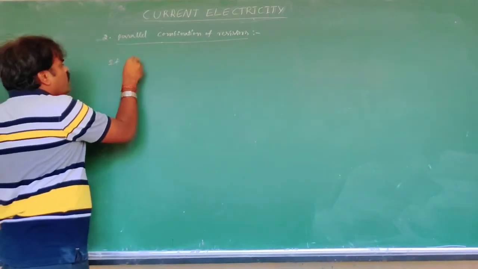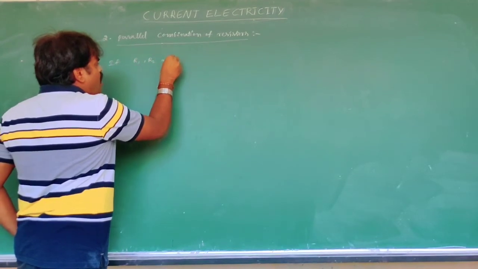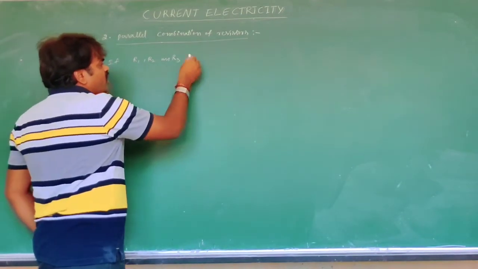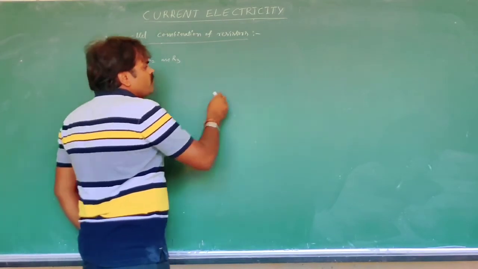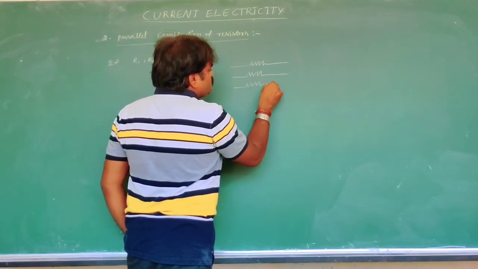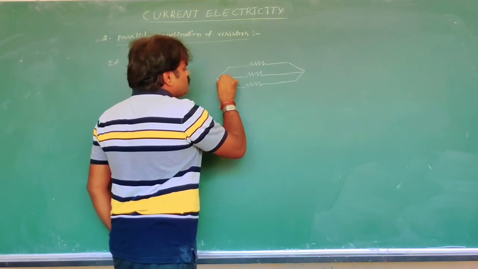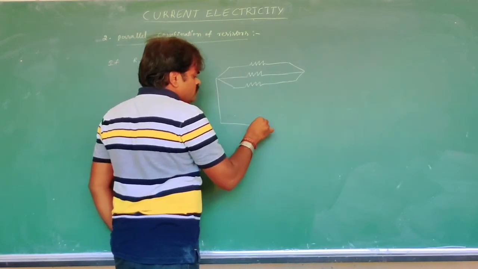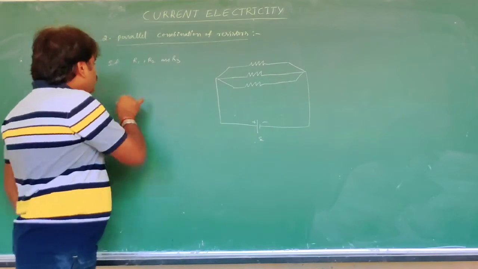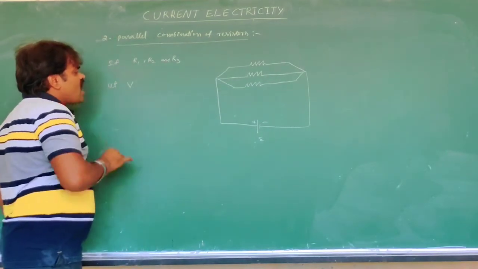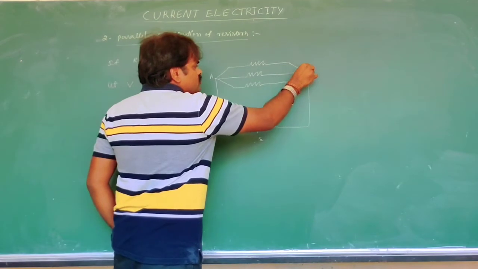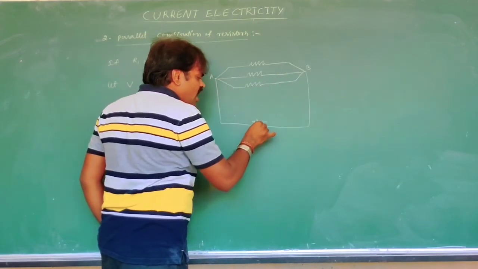If R1, R2 and R3 are three resistors connected in parallel as shown in the figure, let V be the potential difference applied across points A and B using a battery.